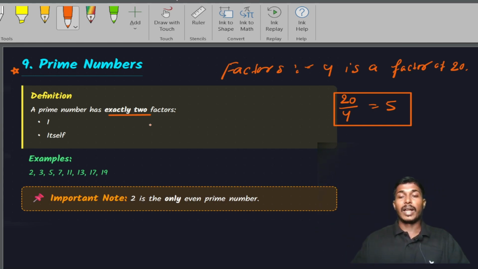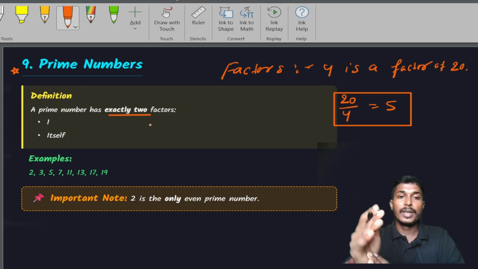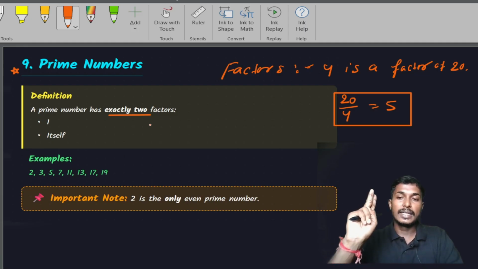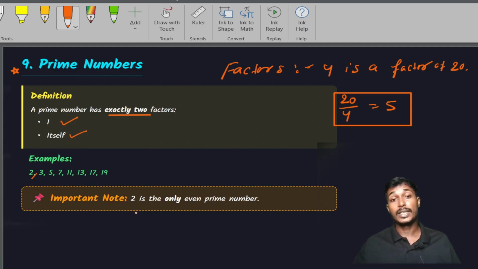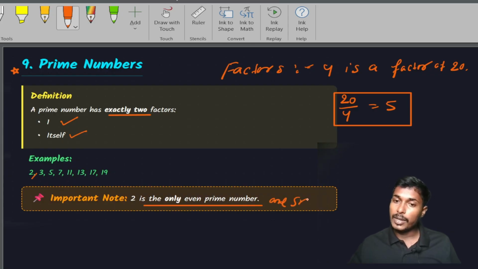So prime numbers are those numbers which have exactly two factors. One factor is the number itself and the second factor is 1. An example is 2. Now, what is the smallest prime number? 2 is the only even prime number as well as the smallest prime number.